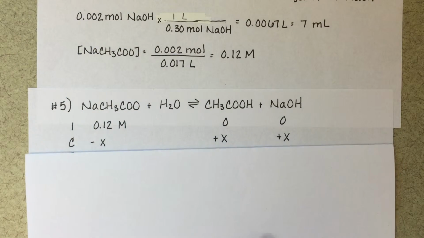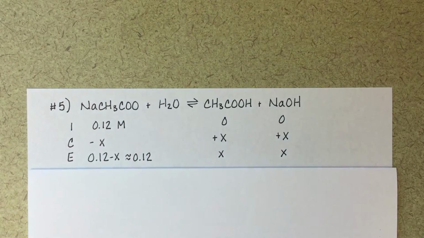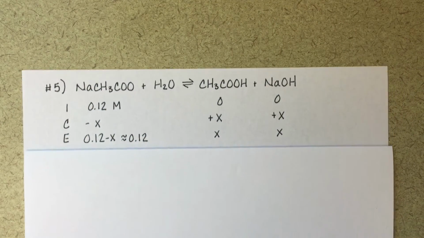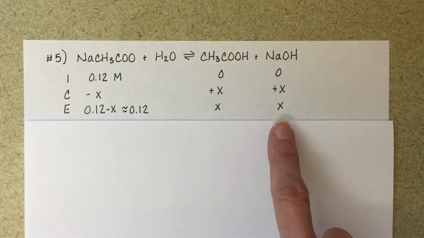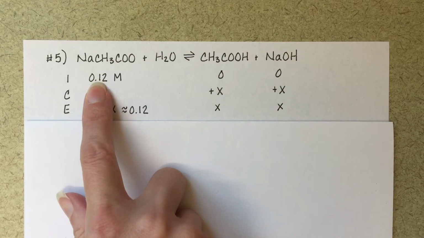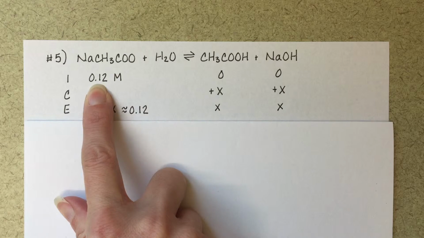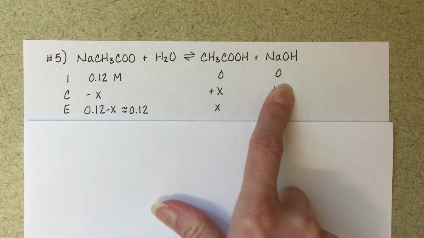We're going to make an ice table for this reaction because ultimately we want to be able to calculate the concentration of the sodium hydroxide. That's what's dictating the pH of the solution. So we're taking the 0.12 molar sodium acetate that we just calculated, and we have initially no acetic acid or sodium hydroxide.